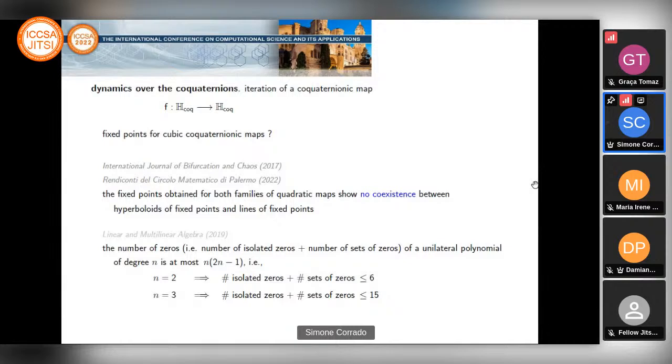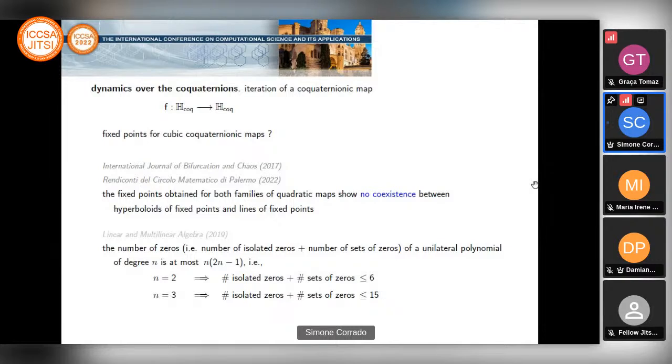So maybe we can study an example of a family of cubic quaternionic maps, not to prove, but to see if this non-coexistence of hyperboloids and lines of fixed points is also true for polynomials of degree larger than 2.